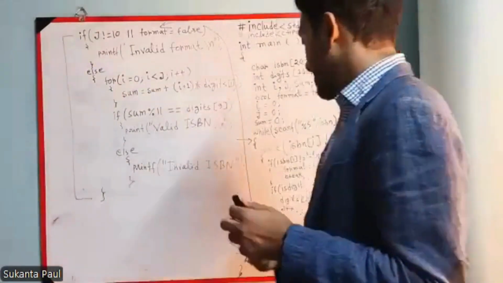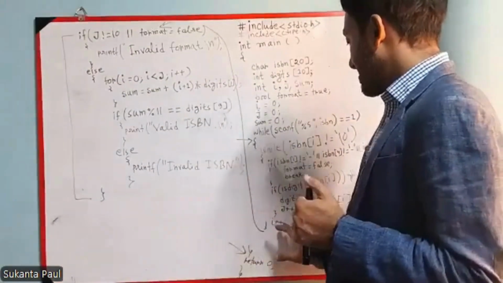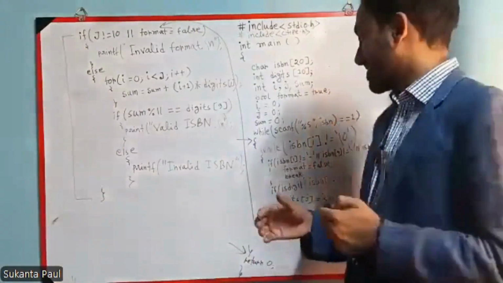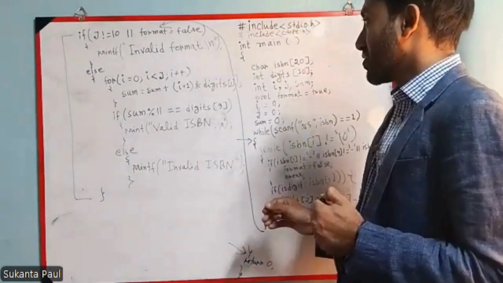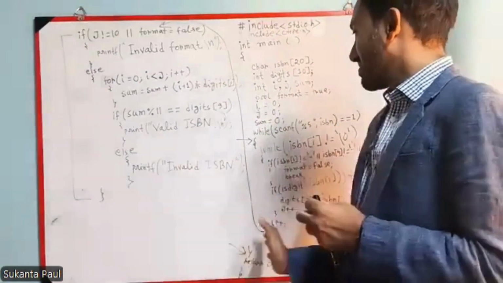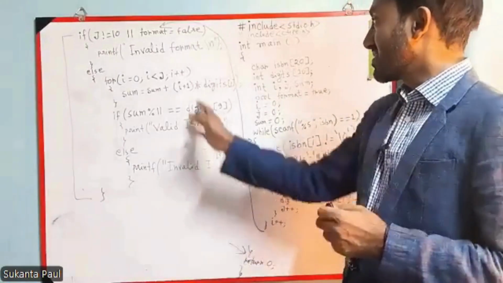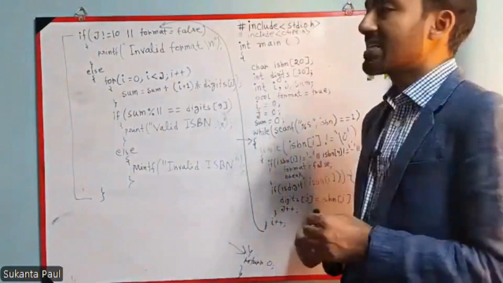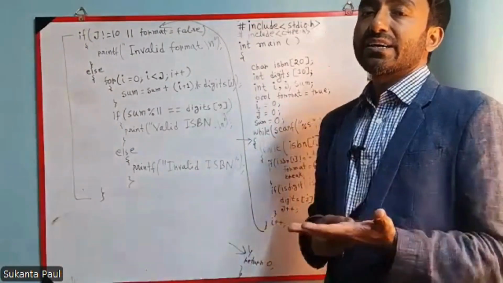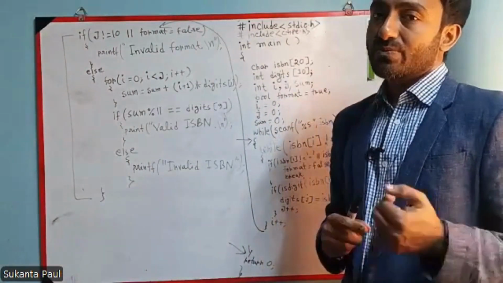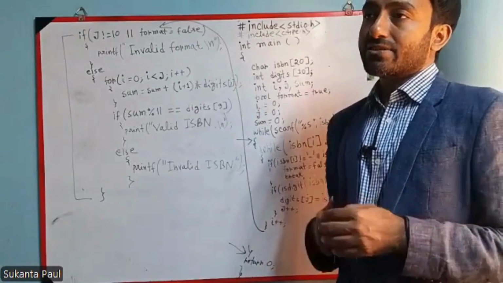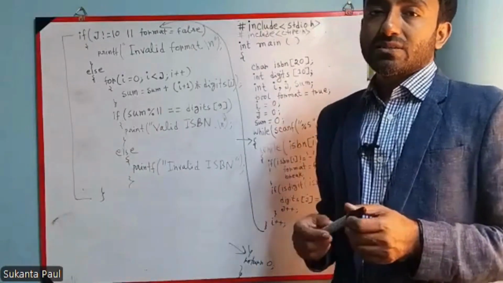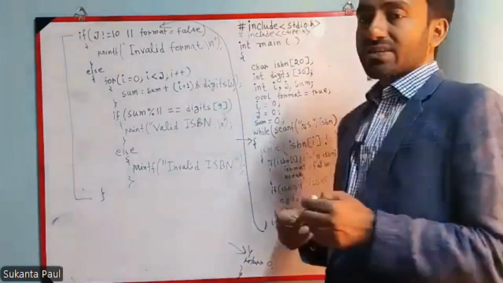After checking all of those and converting character digits into integer digits, we need to move to the second portion of the program. In the second portion, if it is an invalid format, we will print invalid format and exit from the program.